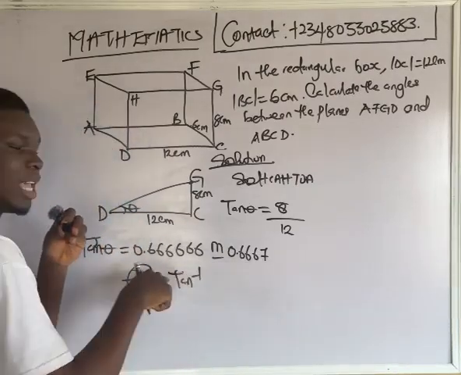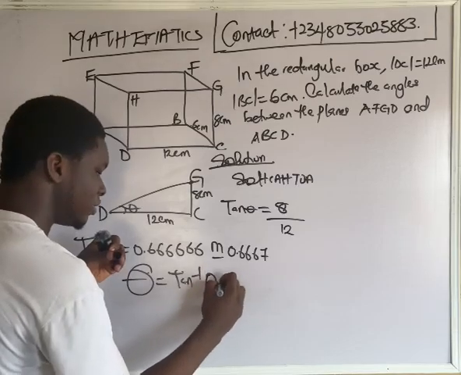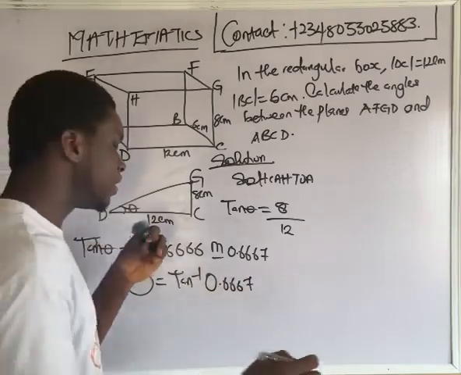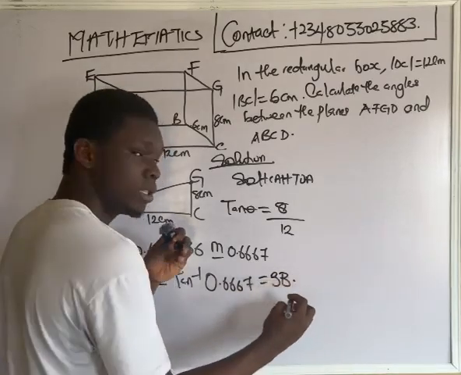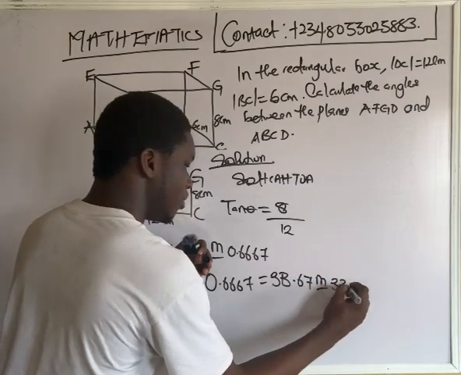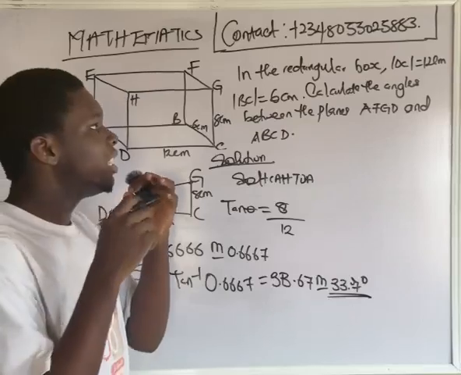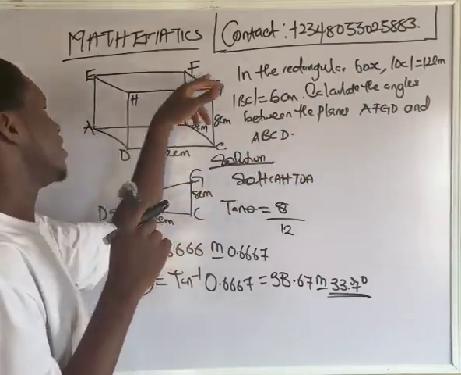So we have theta equals inverse tan of 0.6667. And if we use our calculators for this, we get 33.67, which is approximately 33.7 degrees, right? So 33.7 degrees is the measure of the angle between the planes AFGD and of course ABCD.